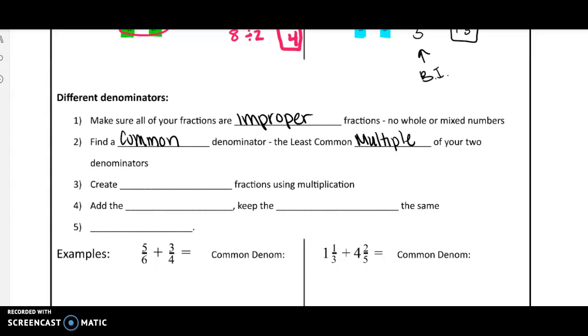All right, so that leads us to step 3. Step 3 is to create equivalent fractions using multiplication. This just means we want equal fractions. That's a G, not a Q. We want equal fractions.